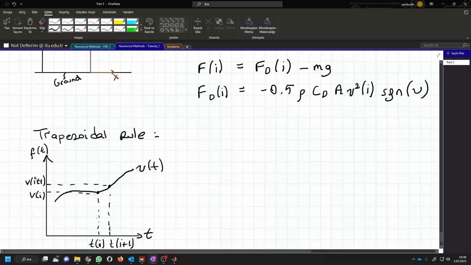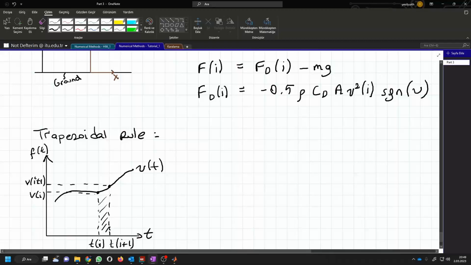So I have this area under the curve here, and you see that this is a curvy area. This edge of the area is a curve.